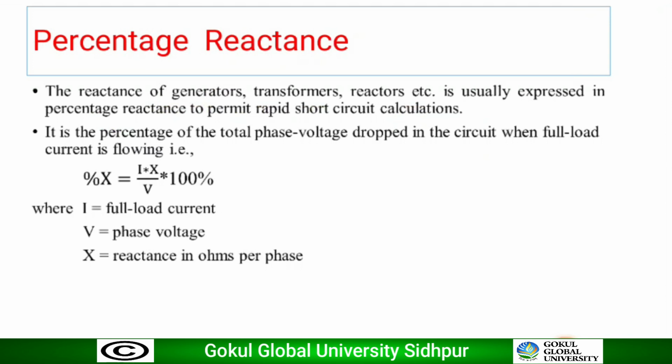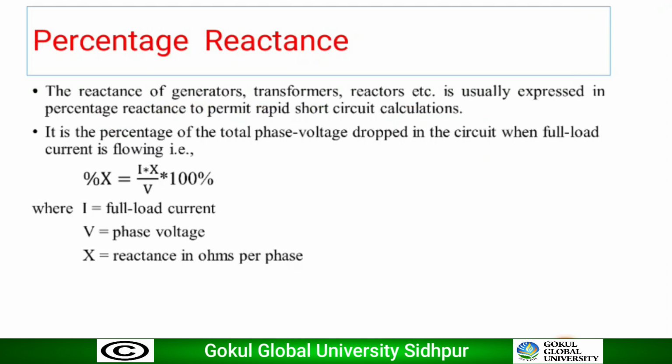The generator, transformer and reactor are also represented in percentage reactance. It is the percentage of the total phase voltage dropped in the circuit when full load current is flowing.